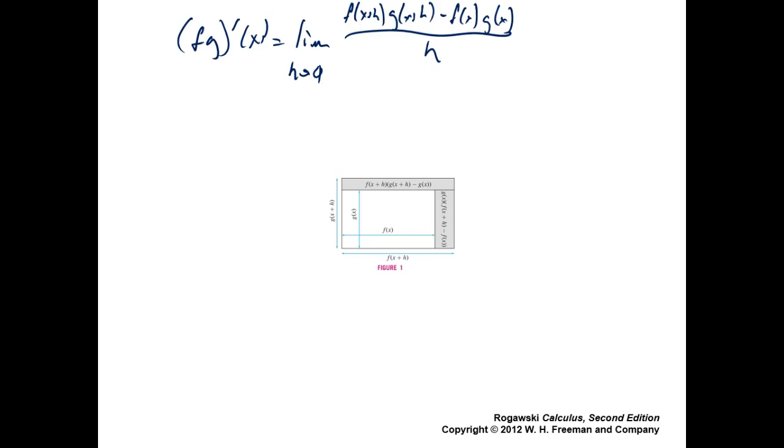The product function is what you're taking the derivative of, so that's f of x plus h times g of x plus h minus f of x times g of x all over h, okay?